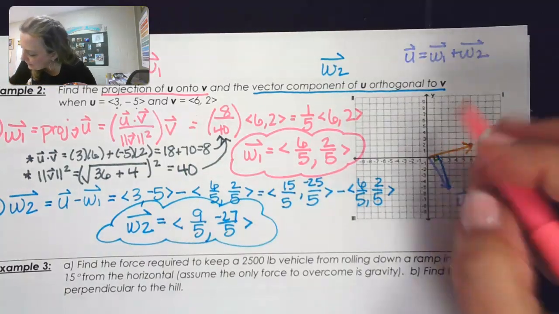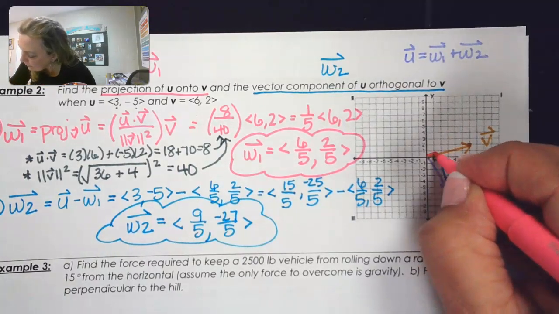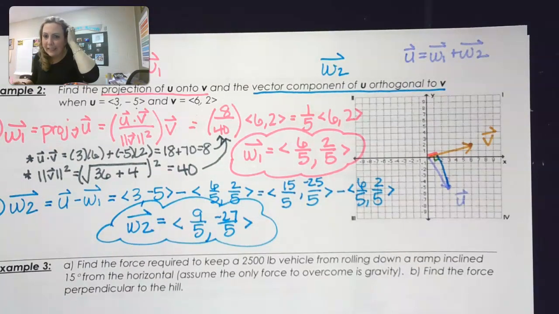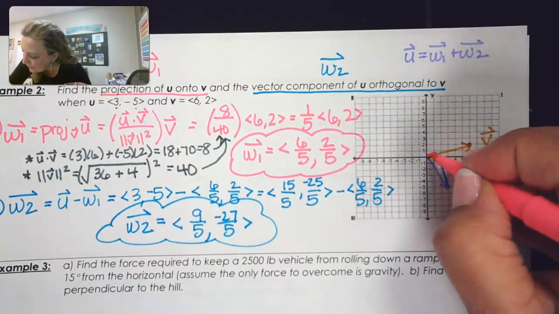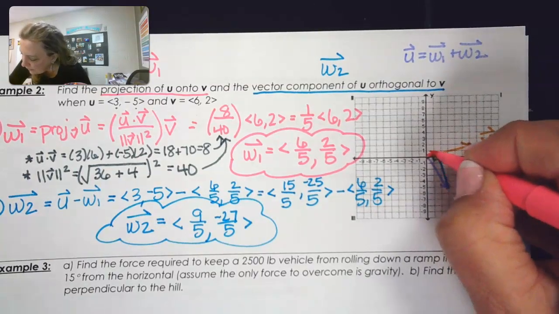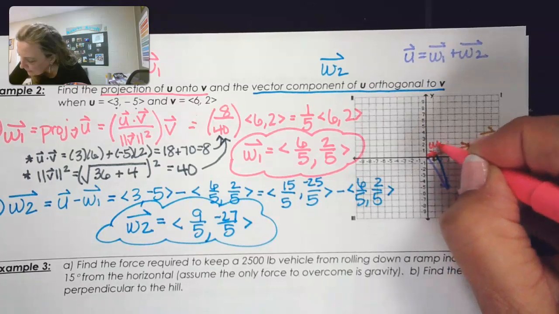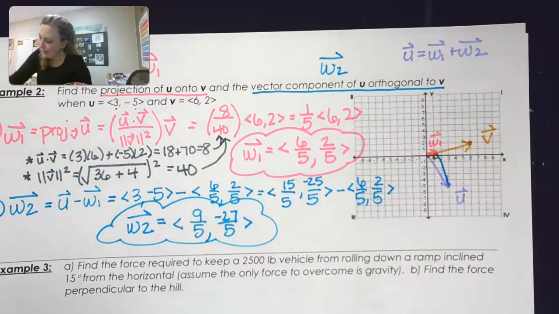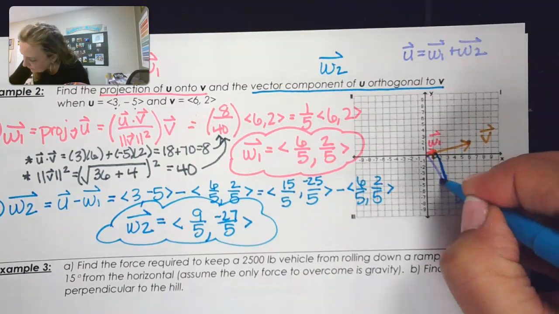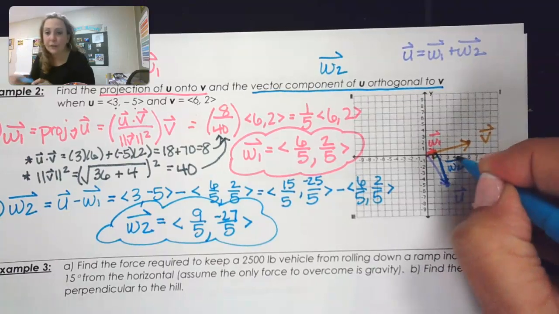And then I complete the triangle with this part here, okay? So that little tiny part here, if U starts here, I would go this way. This would be my W1. And then I would continue this way, and this would be my W2.